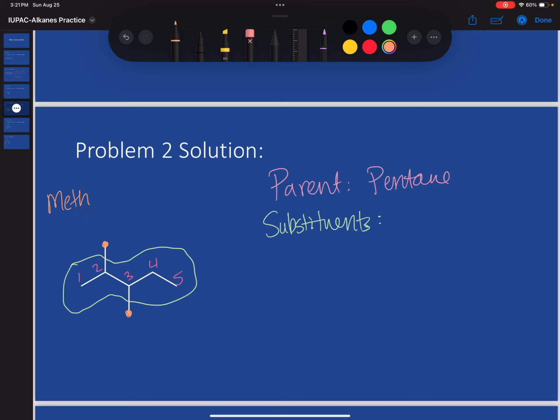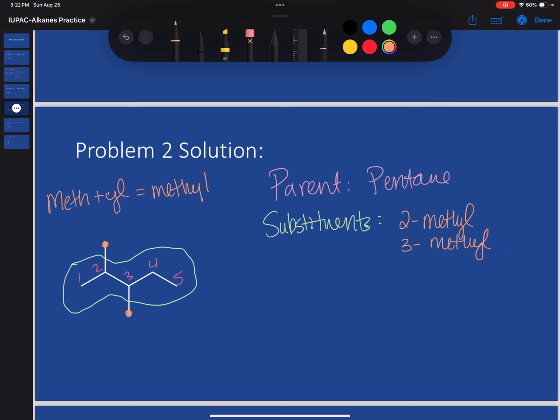I do have an alkane, it's just a CH3 group here. But because it's a substituent and not my parent chain, instead of saying ane, I'm going to add yl to it. And so the name of the substituent is going to be methyl. And I can see that I have 2 methyl groups here. I have a methyl group on the 2 position, and I have a methyl group on the 3 position.